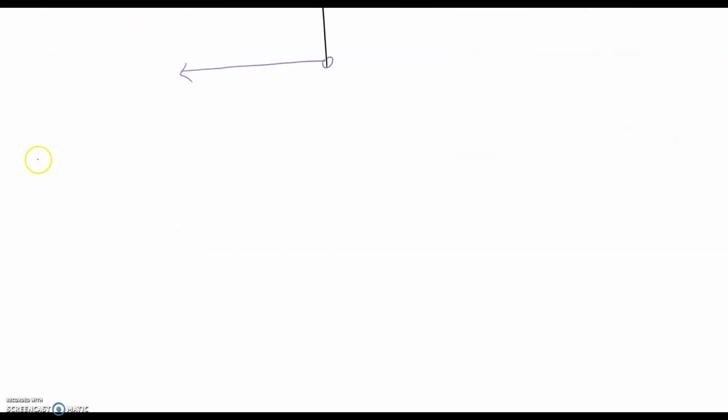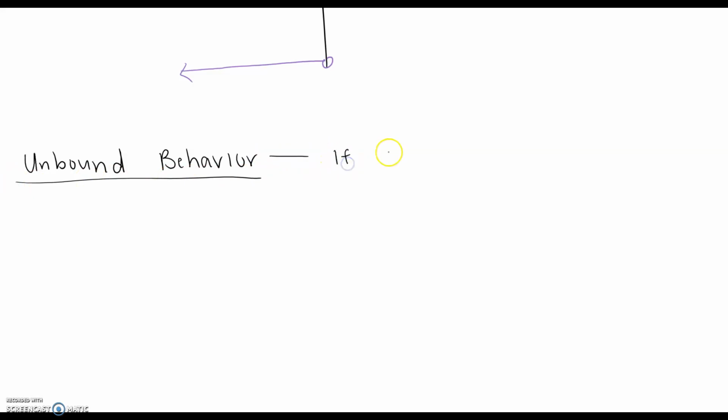Okay, unbounded behavior. So what unbounded behavior is, if a graph goes to positive or negative infinity, that is considered to be an unbounded limit.